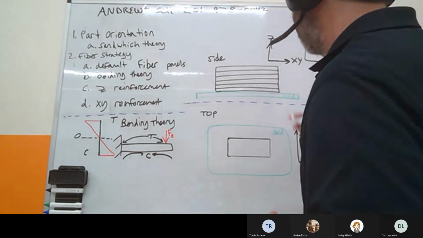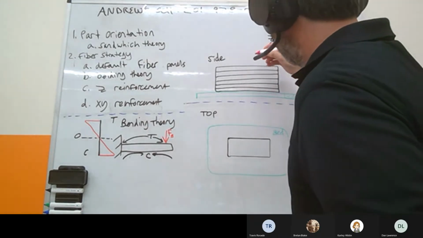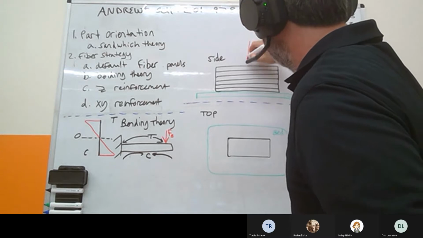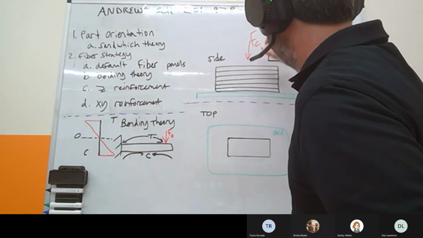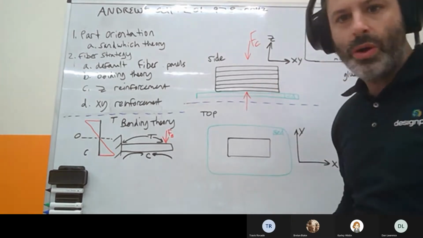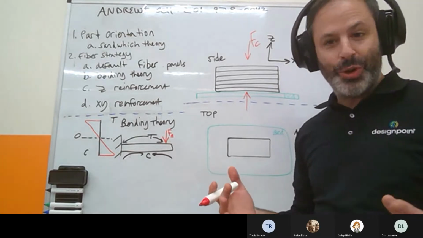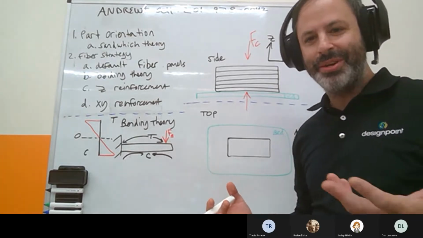So first, let's start with looking at the part from the side here, and we'll look at a compressive load in the z-axis. Okay, so how does a sandwich do under a compressive load? Well, think about it.